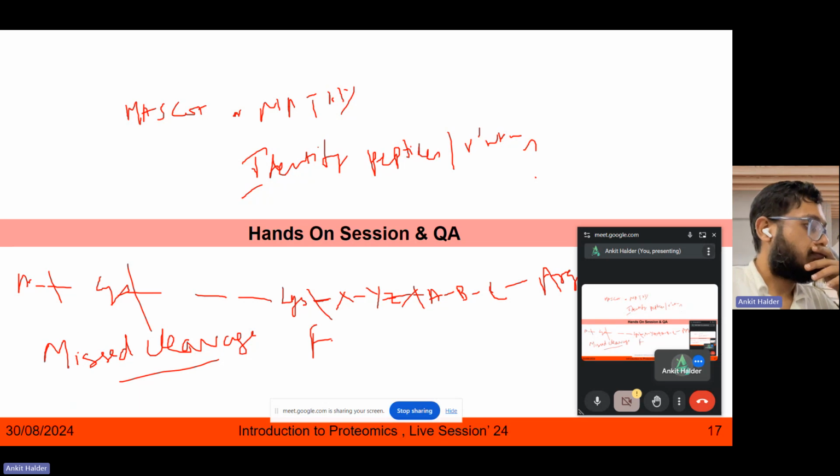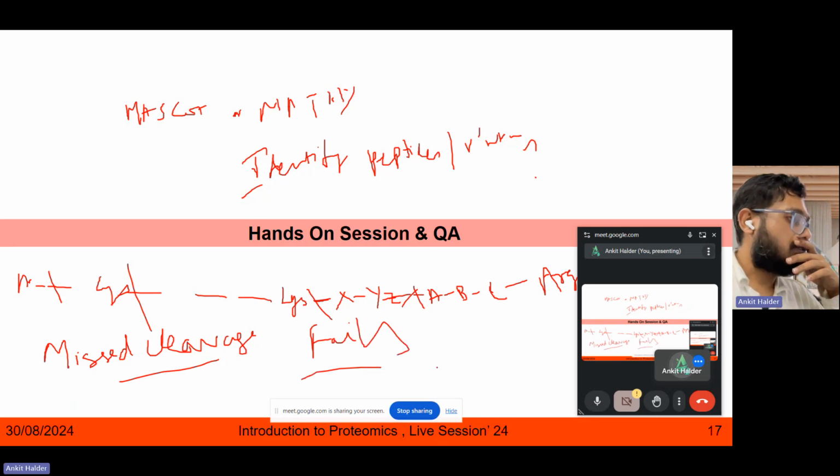It fails. How many of these misses we can allow is what we talk about as missed cleavages.